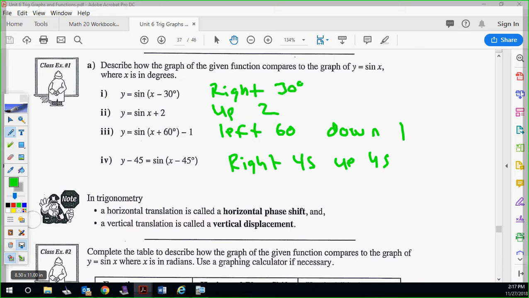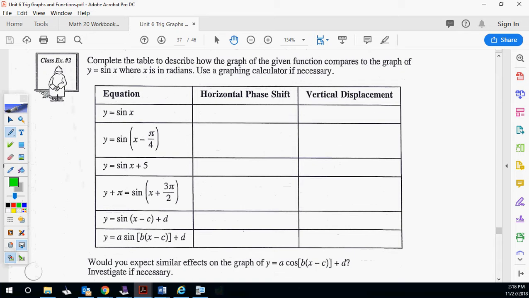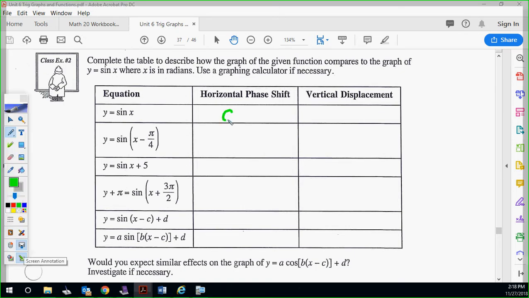So, let's go and do this here. This gives a couple examples. So we know that sine x is no phase shift and no displacement. The second one, phase shift is right pi over 4. No vertical on that one. Next one, there's no phase shift, but there's an up 5 for vertical displacement.